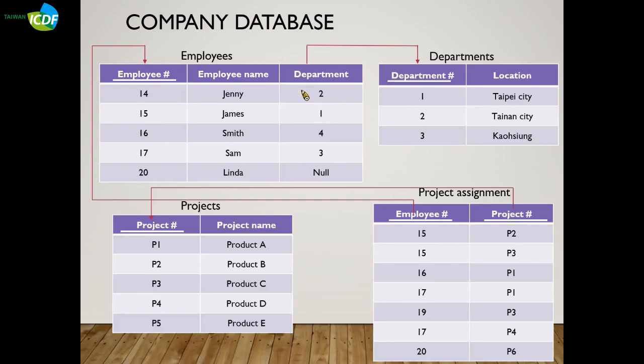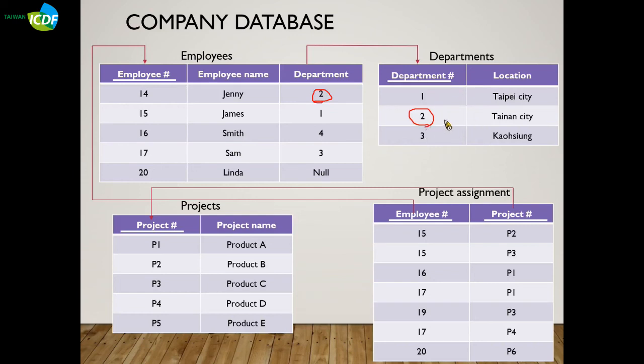So the value that appears in the foreign key should appear in the primary key of the referenced table. In other words, department number 2 should have the corresponding number 2 appearing in the primary key of departments. This also indicates that Jenny works in department number 2, and this department can be found in the department table.